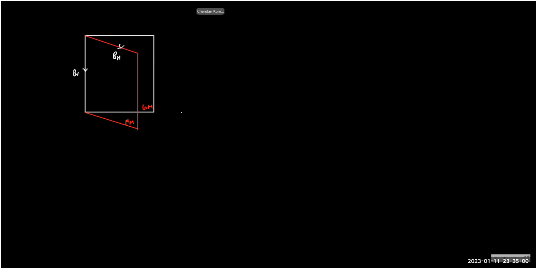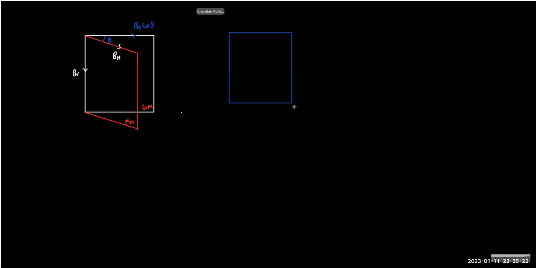So what is the component of BH in the geometric meridian? Tell me, guys. If this is theta, this component will be how much? BH cos theta. And what is the component of BV in the geometric meridian? Same. Yes.